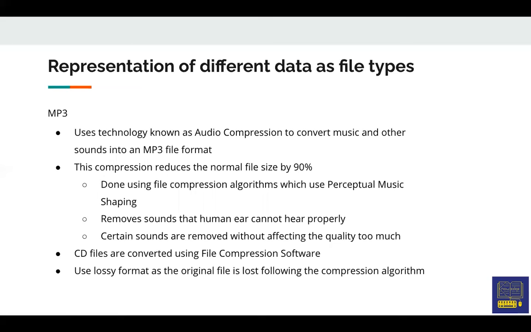Now, MP3 is another form of audio storage, and the main key factor of MP3 is that it reduces your file size significantly. It's said to be almost 90% smaller than any other kind of audio format. So it uses audio compression to convert your sounds into much shorter, less data-intensive formats.